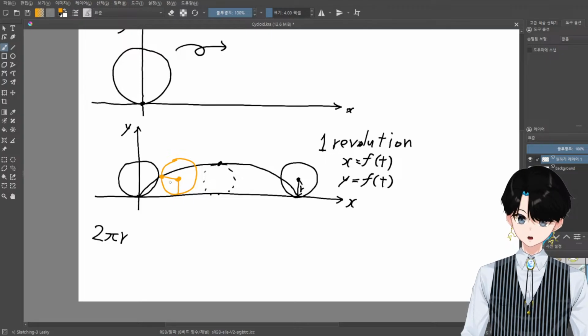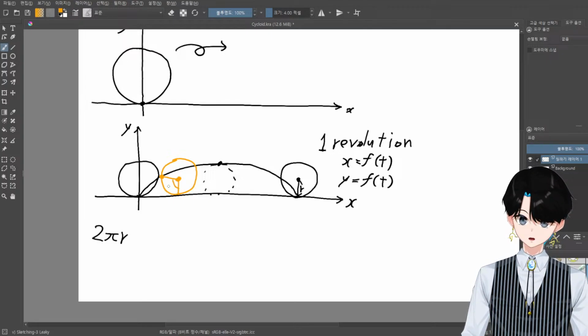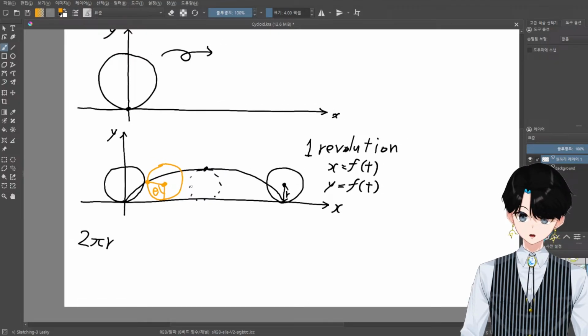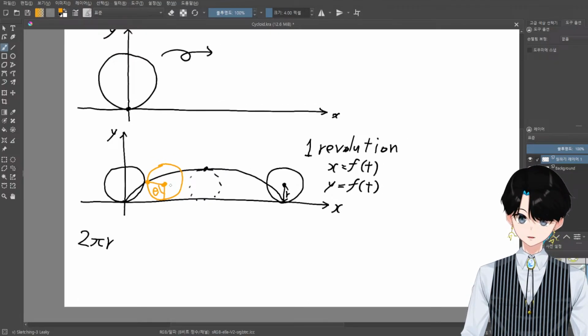Okay, eta. Let's see, eta. One revolution.